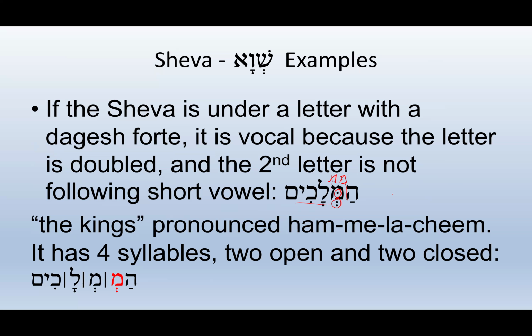If both mems have shvas, the first one is silent, ham, and then melachim. But we can say it fast, just ham melachim. So it's a vocal shva.